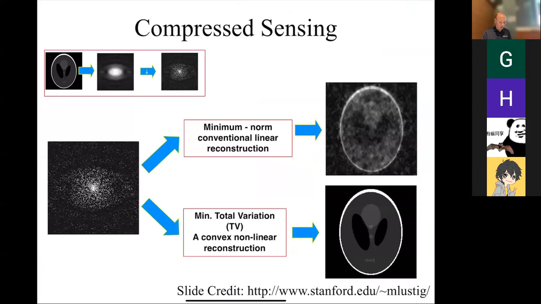If I took these samples, you're seeing here the minimum norm estimate, which we talked about. I get an image that's okay, but not great. If I use what's called minimum total variation with a convex nonlinear reconstruction, I get a very good image. It's almost like magic: I take the same input data, but as long as I do the right recon, I get an image that's almost perfect.